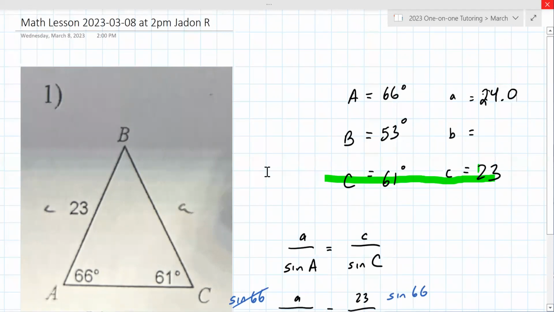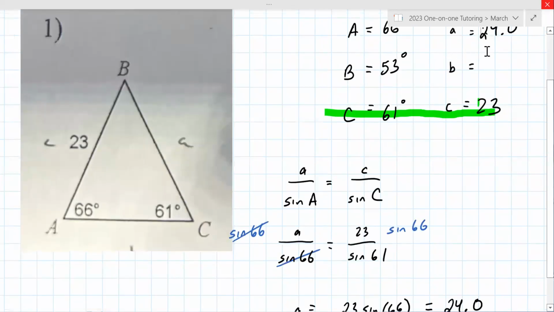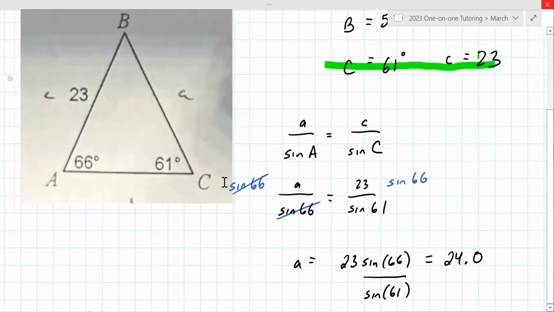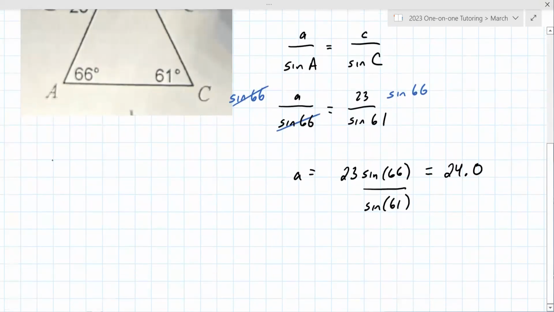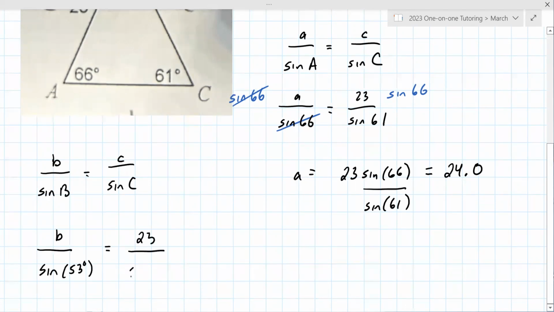Okay. All right. So the nice thing now is to find B. It's kind of a rinse and repeat. You tend to want to use the given information, but when we find B, it's basically the same process here. We're just doing B instead of A. So B over sine big B equals c over sine big C. So it's B over sine, I think you said 53 degrees, equals 23 over sine 61.